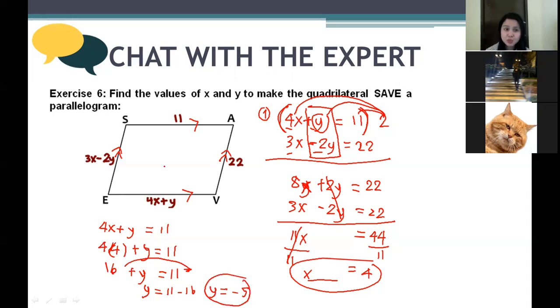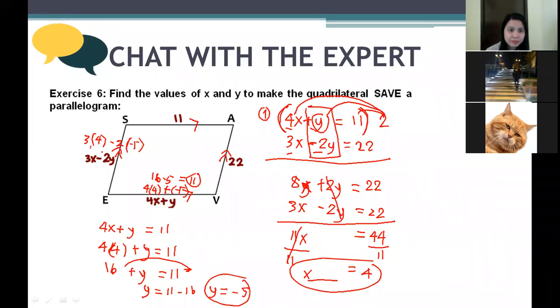If we substitute, this is 4 times 4 plus negative 5. That will be 16 minus 5. The answer is 11. So these two are equal. How about the other side? 3 times 4 is 12 minus 2 times negative 5.